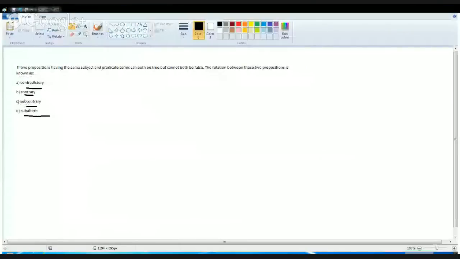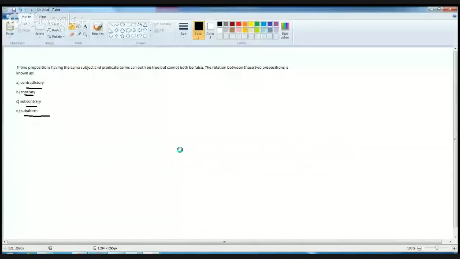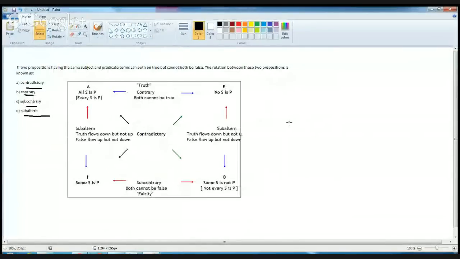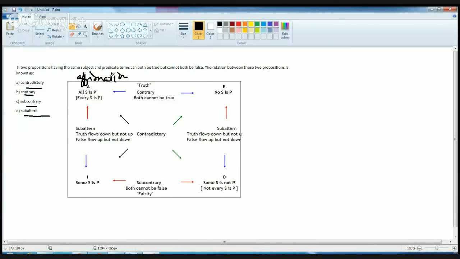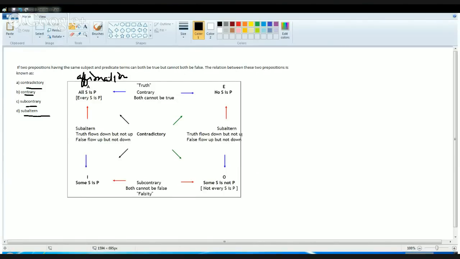Now this diagram will help us ascertain more about the four aspects. A is universal affirmation, or the things which are universally correct. Then you have E, which is universal negation.